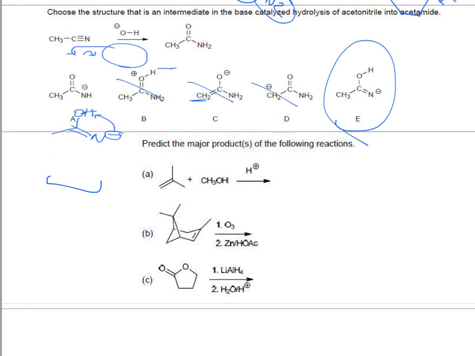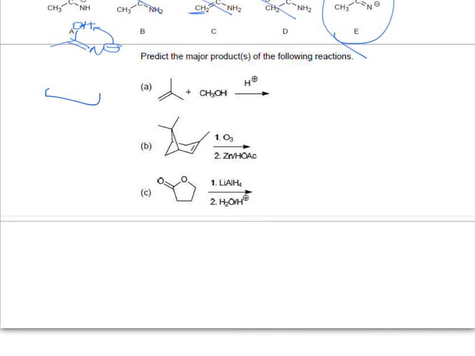All right, let's talk about some more reactions that we have done in the past. The first one has a double bond, it has a proton, and it has methanol. So hopefully you can see that the first step is going to be the protonation of the double bond, so that gives you the more stable carbocation, which is where your nucleophile is going to attack.